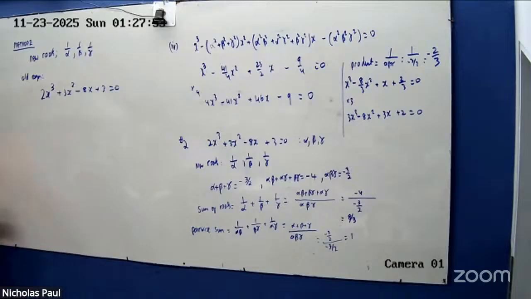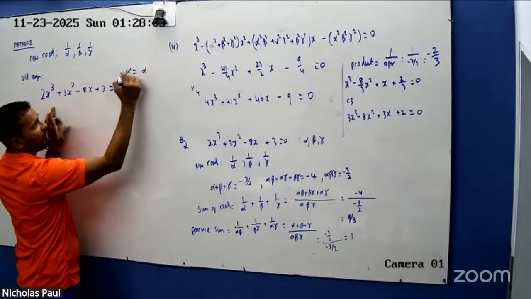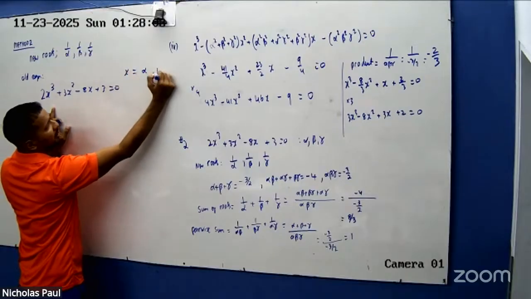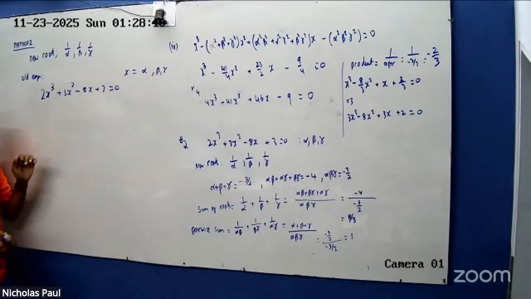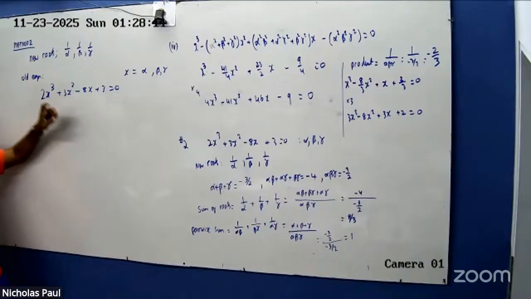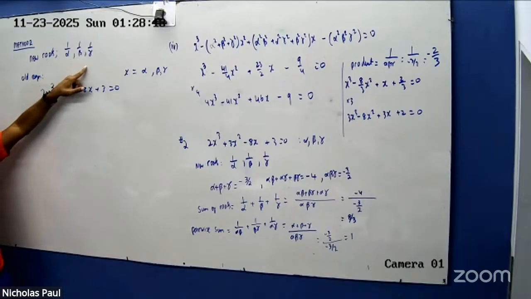So what they want us to find now is a new equation, right? What were the roots of this again? The roots of this one with x was alpha, beta, gamma. Now we have new roots, 1 over alpha, 1 over beta, 1 over gamma.